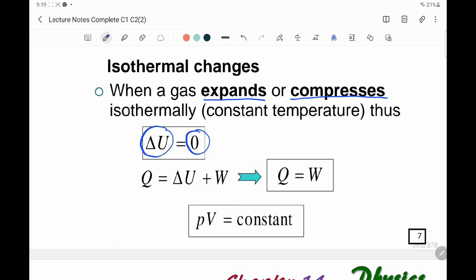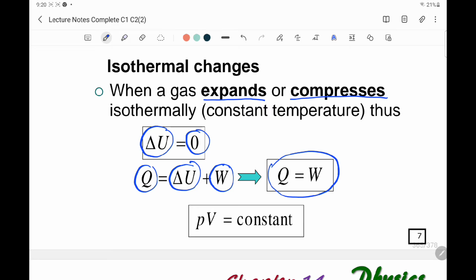When the temperature is constant, there is no change in internal energy. Based on the first law of thermodynamics, heat energy Q is equal to the change in internal energy delta U plus work done W. So when delta U is equal to 0, heat energy Q is equal to the work done W.